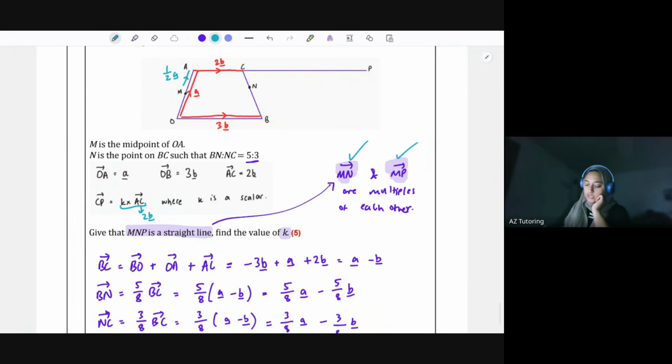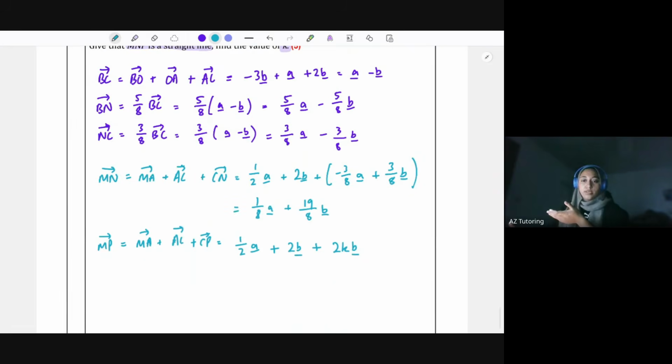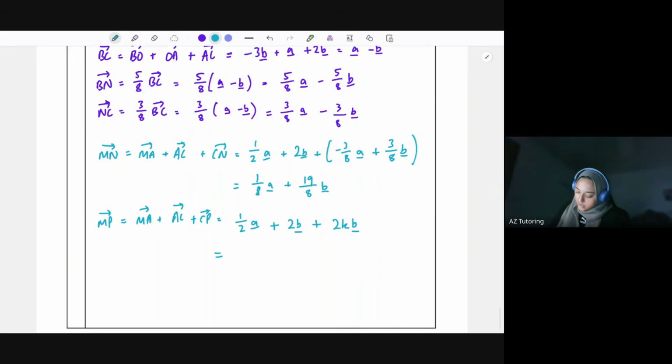So 2B times K, I can just write as 2KB, essentially, because K is just a scalar. Okay, simplifying this now. I can't really simplify that, actually, because I've got my A's here, and I've got my B's there. So they're together. I can't put that K in.